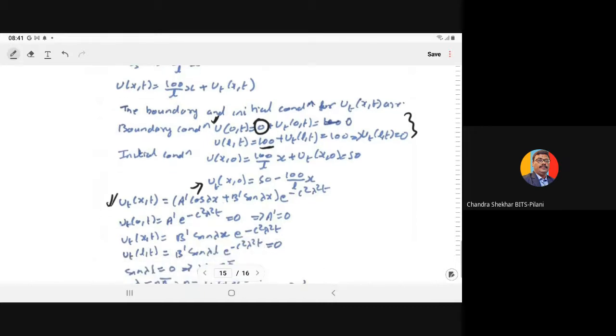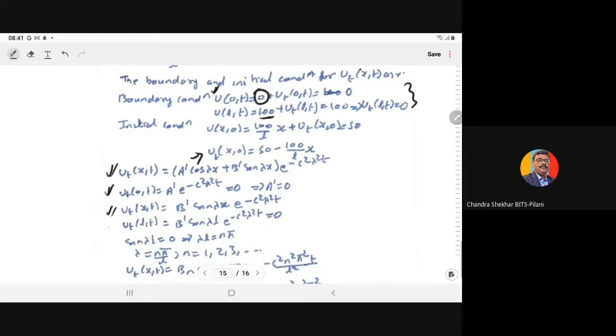So with the first boundary condition we have a dash is equal to 0. So when a dash is equal to 0, our temperature is reduced to b dash sin lambda x e to power minus c square lambda square t.